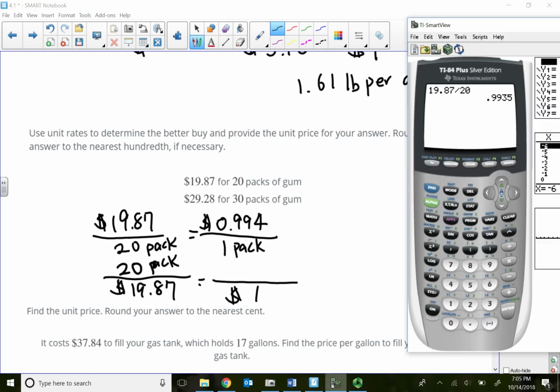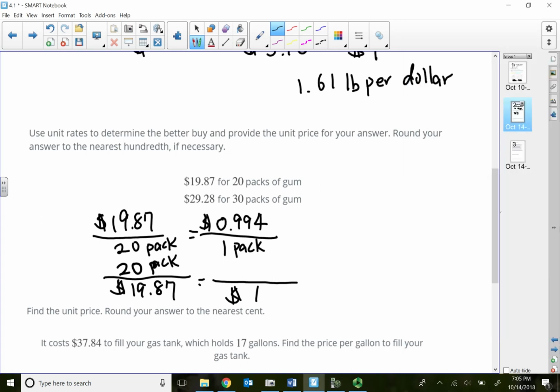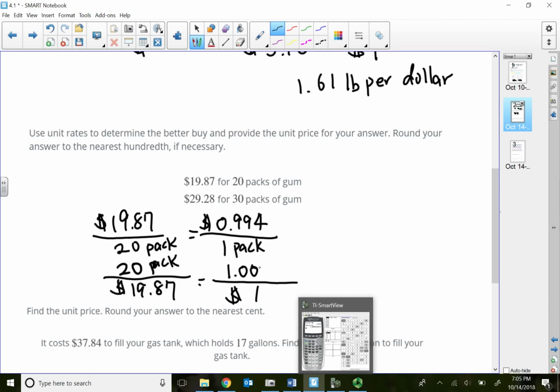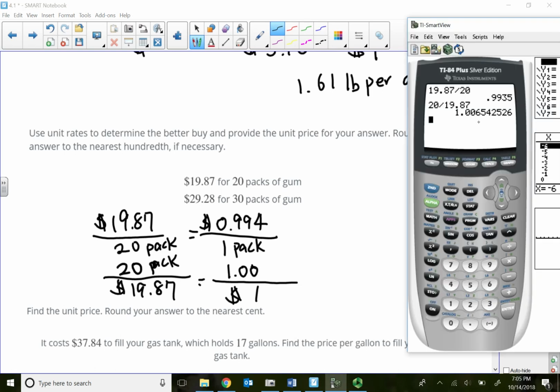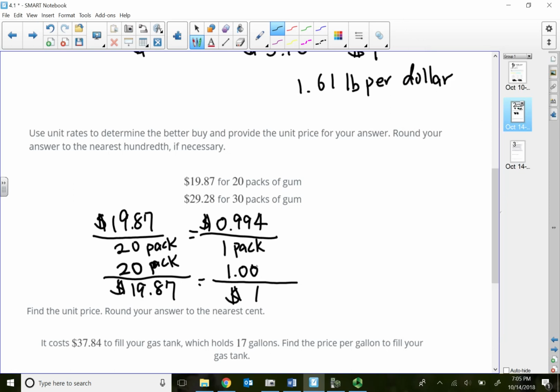So if I do 20 divided by 19.87, round to the nearest hundredth, that'll be 1.01. So it'll be 1.01 packs per dollar.